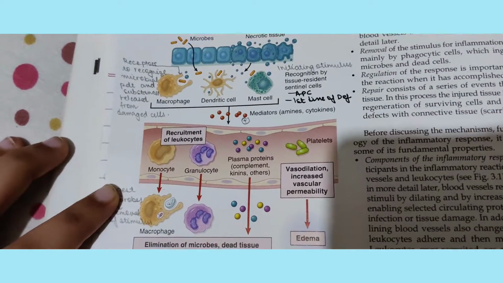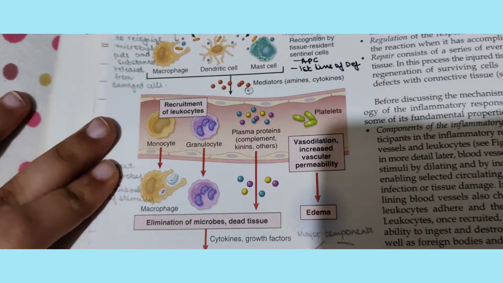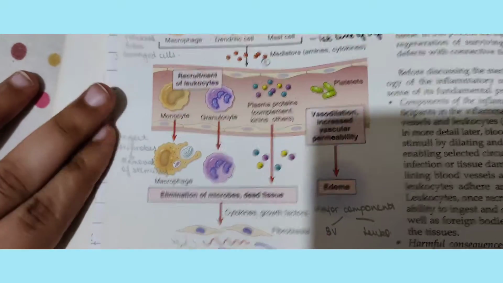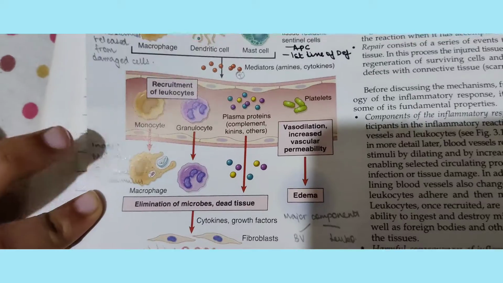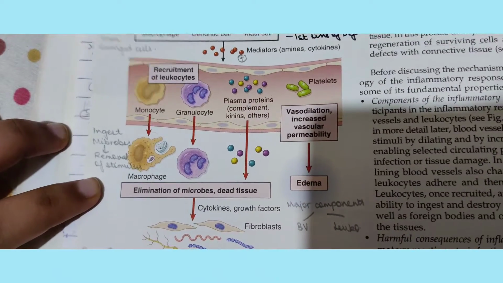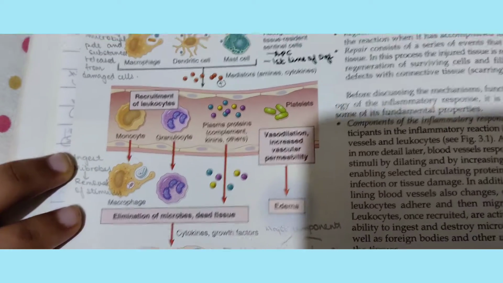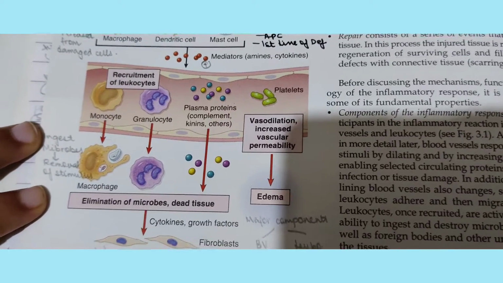Now these cells will secrete some mediators which will go to the blood vessel and start recruitment of leukocytes. Among the leukocytes, the major ones that will come are monocytes and granulocytes. So what will this monocyte do? Monocyte will be converted to macrophage, ingest the microbes and cause removal of the stimulus. Then what will the plasma proteins do?